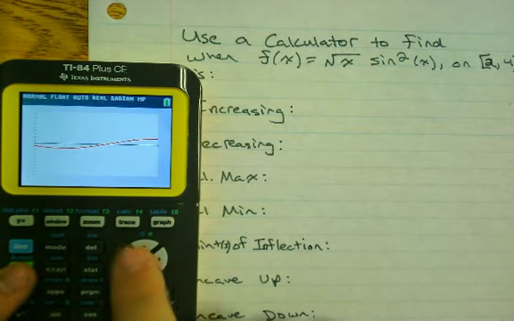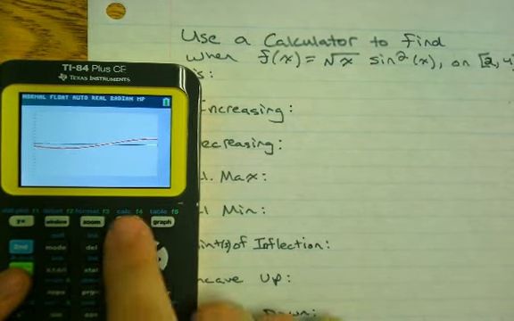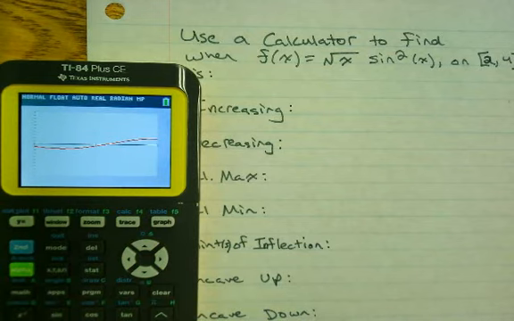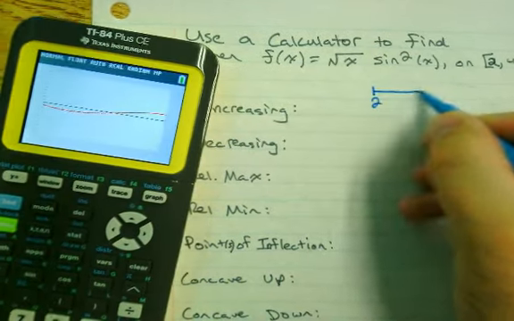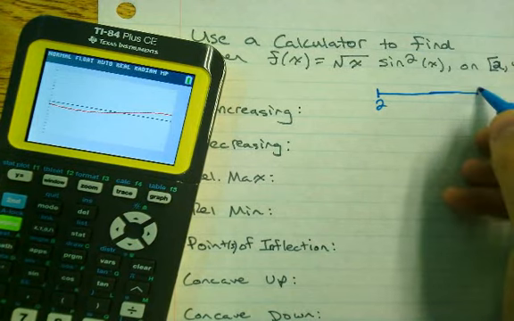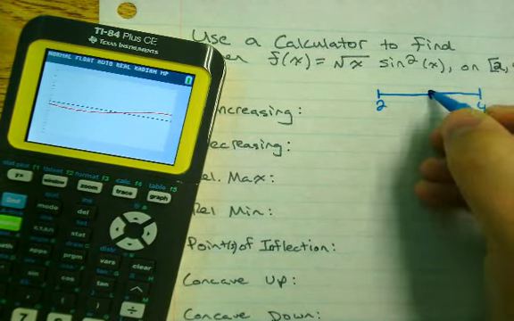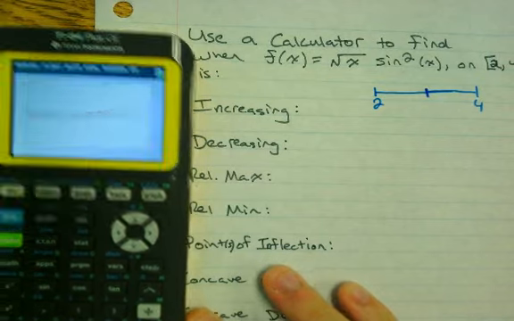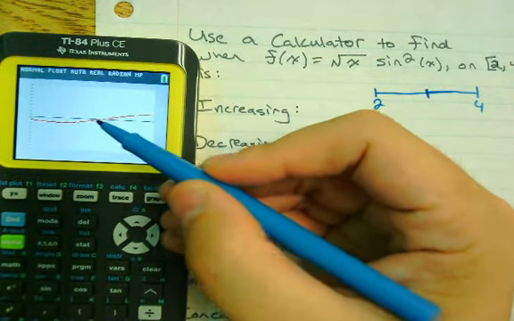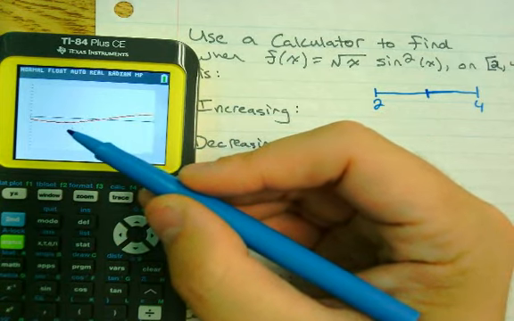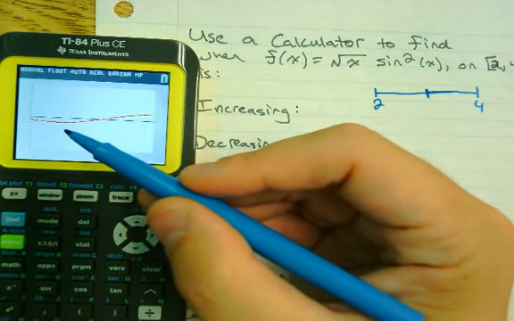For Y1, you hit alpha and then trace, and then you'll select it from there. Okay. So if I were to make a sign chart from this, this is from 2 to 4. I have a point right there. I don't know what that point is. That point is this point right there, but left of that point is this below or above the x-axis?